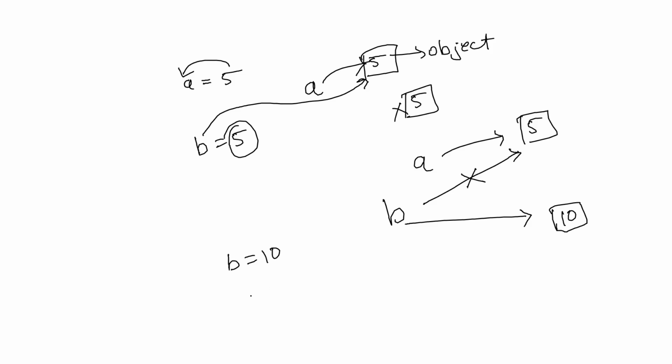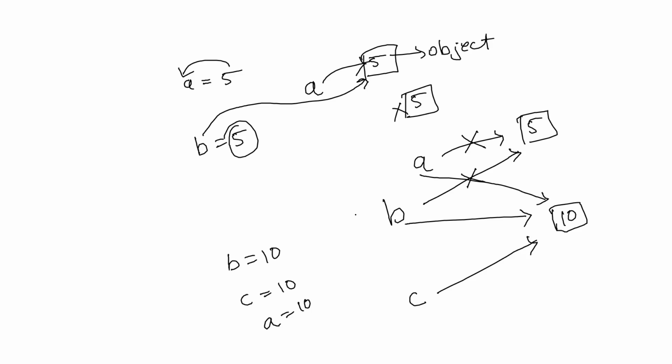The moment I create c is equal to 10, the same thing happens: c is now pointing to 10. If I write a is equal to 10, now a will point to 10 and does not point to 5. In this way, Python's variables work.